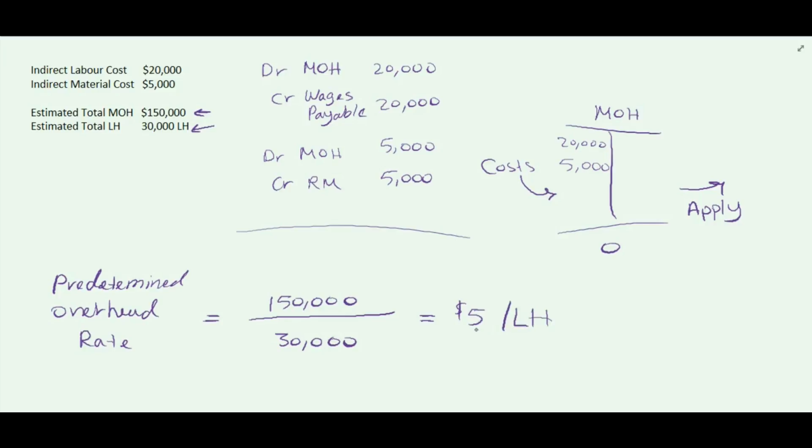So how would we apply it? We will apply manufacturing overhead using the predetermined overhead rate. For example, we have a product that will require 4 hours of labor.